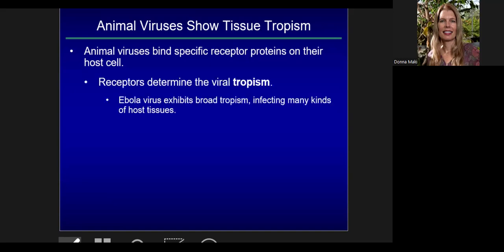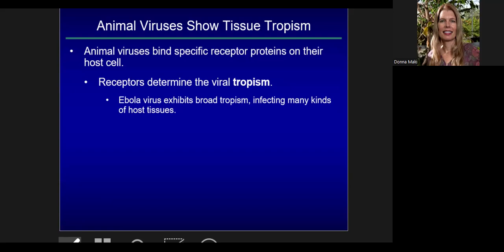And so examples, Ebola has a pretty broad tropism, so to speak. That just means that it can get into a variety of different host tissue types. That's why it's such a deadly disease. It is very fast acting because it's very broad in what it can lock onto and attach to, which then allows the virus to gain entry.